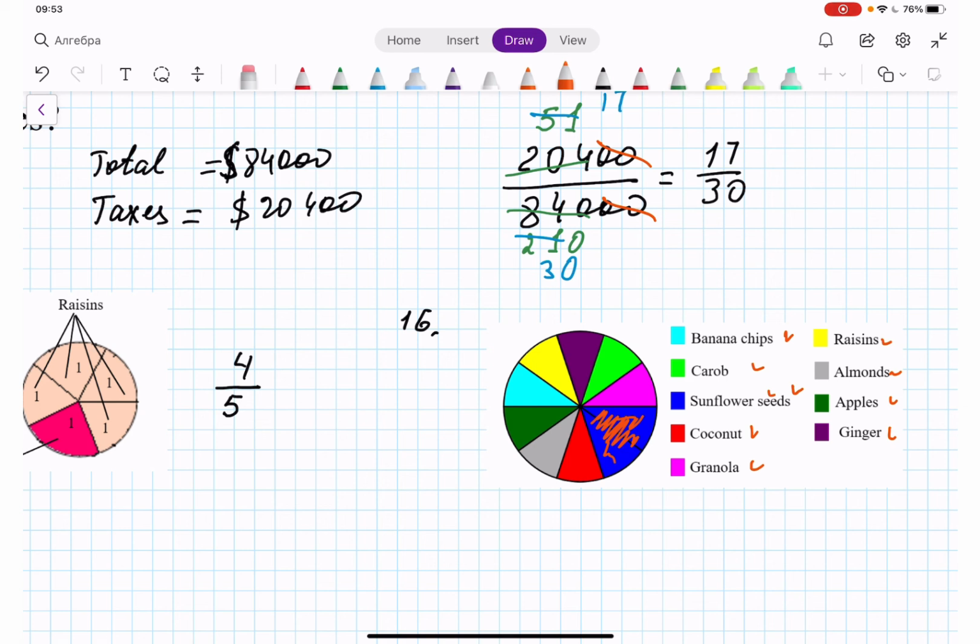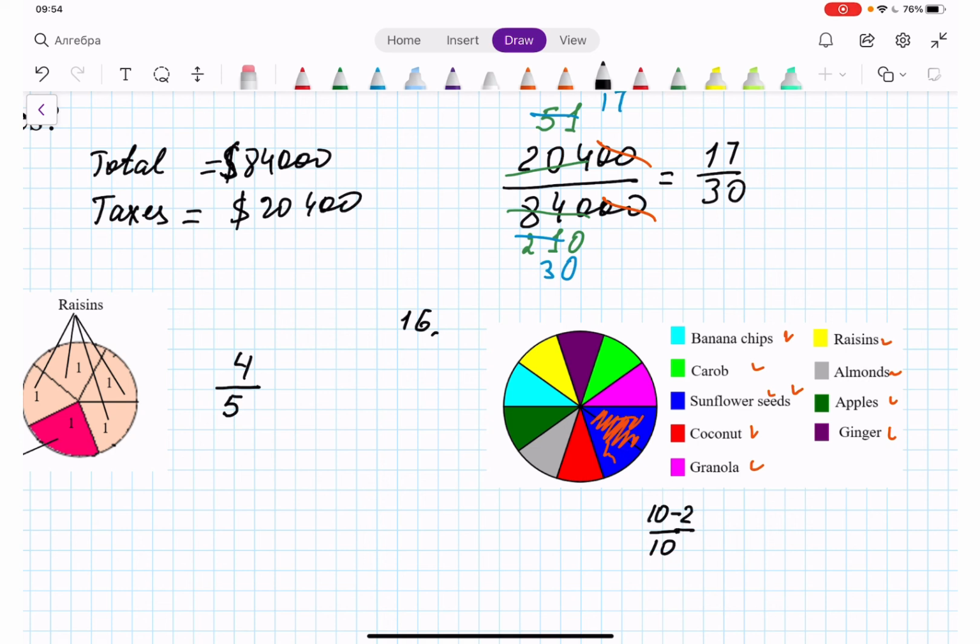So the total is going to be 10. And we need to know what is not sunflower seed. So what I would do, how many do we have sunflower seed? Sunflower seed, 2 sectors. So I would put 10 minus 2, right?